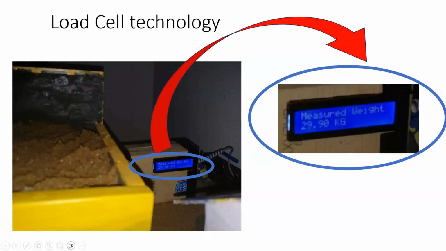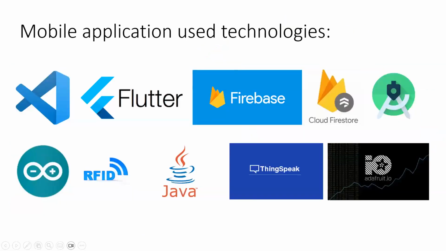For the mobile application technologies, I use Android Studio with VS Code as the platform for implementing the mobile application. I use Flutter as the framework, which is very helpful for adding some transparent features. To store and retrieve data, I'm using Firebase with Cloud Firestore. To interconnect with the mobile application, I'm using the Arduino IDE, and RFID for detecting.